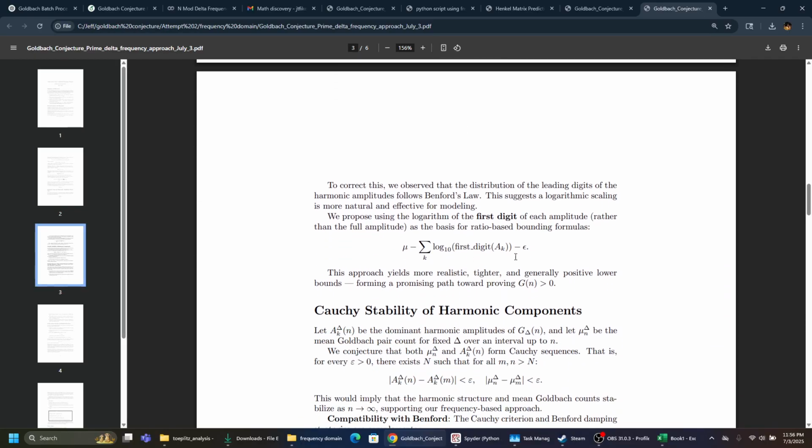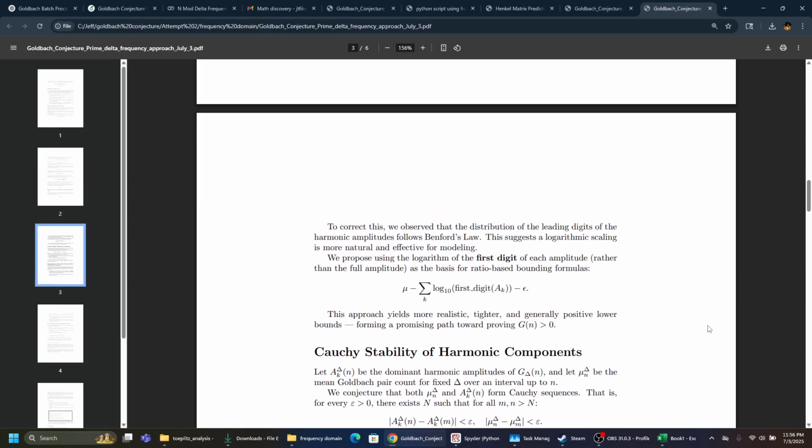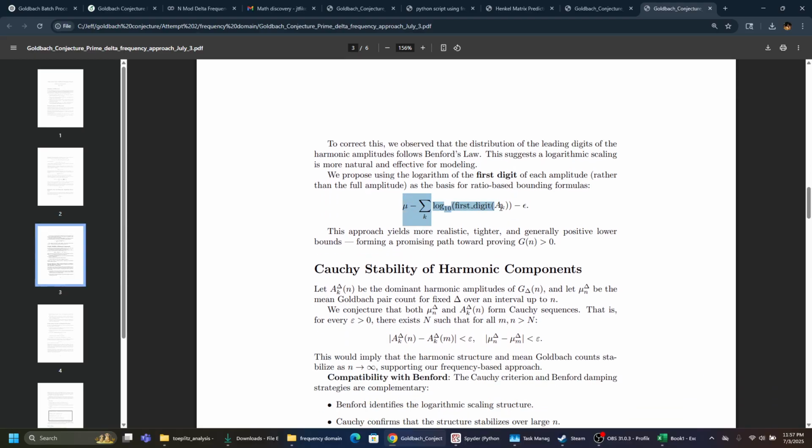So what we did is we discovered that the amplitudes follow Benford's law perfectly. We took 5 million results, and it follows Benford's law to the letter. So we're applying this formula to the amplitude to dampen it.